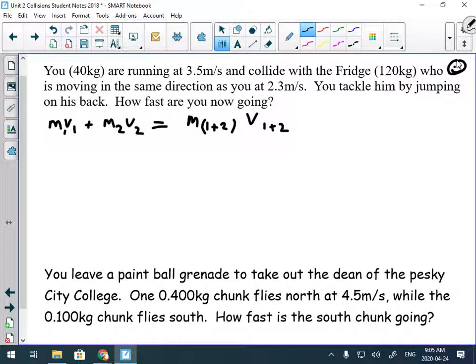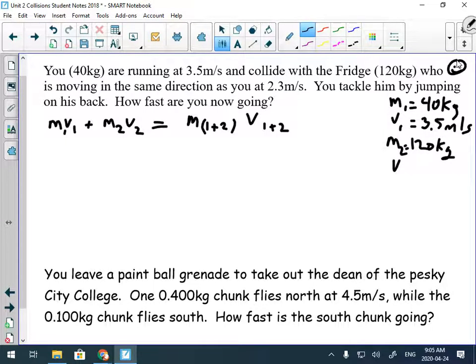So let's write down what we know. I'll keep it kind of fast. Your mass is 40 kilograms. Your speed is 3.5 meters per second. The fridge weighs 120 kilograms. And he's moving at 2.3 meters per second. Now, we can add up both of the masses once you jump on the fridge.